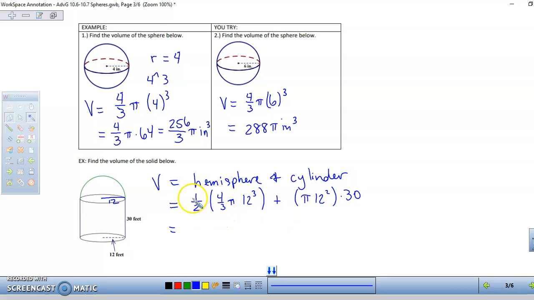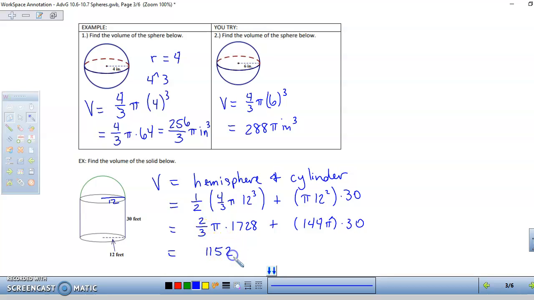Here, 1/2 of 4/3 is going to be 2/3, so the hemisphere formula is 2/3 pi r cubed. 12 cubed, again you can use your calculator, is 1,728. Over here, obviously, you get 144 pi, and then times that 30. Putting this together, you multiply by 2 and divide by 3.